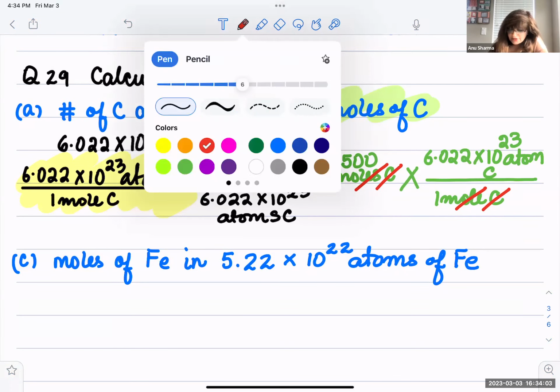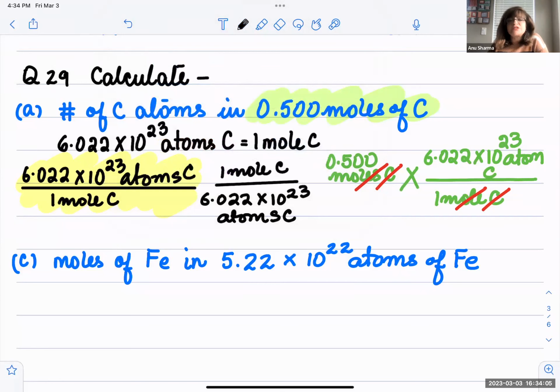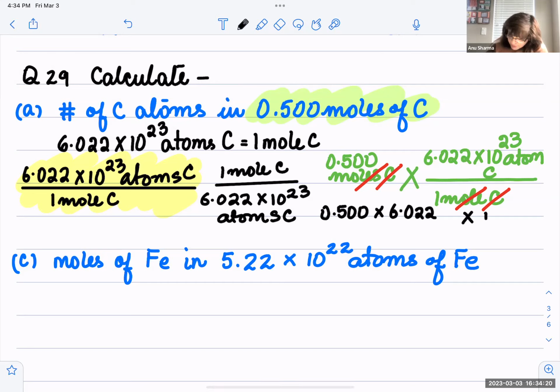One option is that you can just put these numbers in a scientific calculator. Another is to do it manually: 0.500, first multiply that by 6.022, and then leave the 10 to the power 23 on one side. I'm just showing you manually.